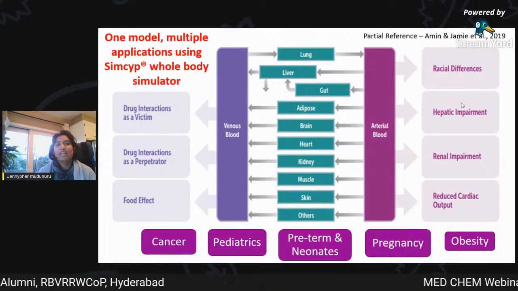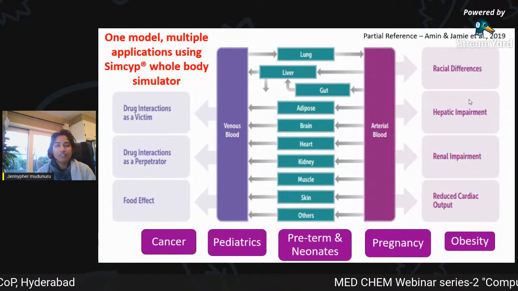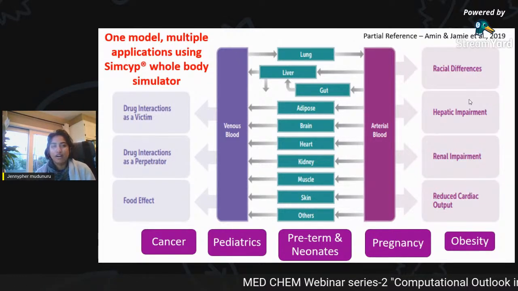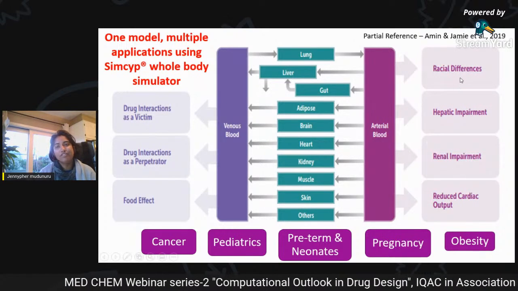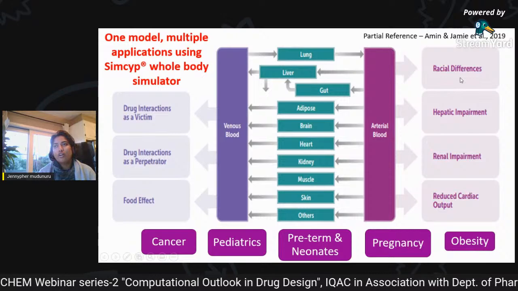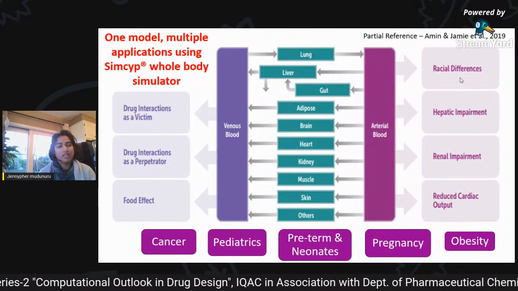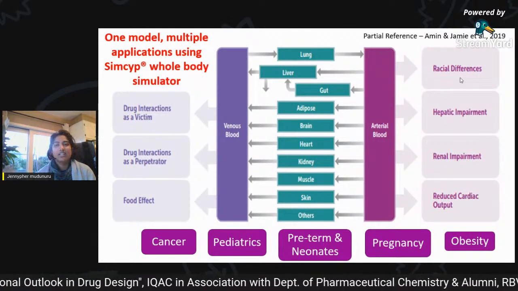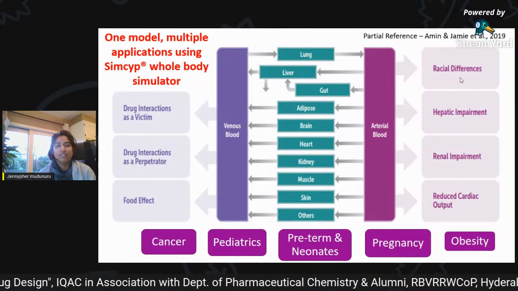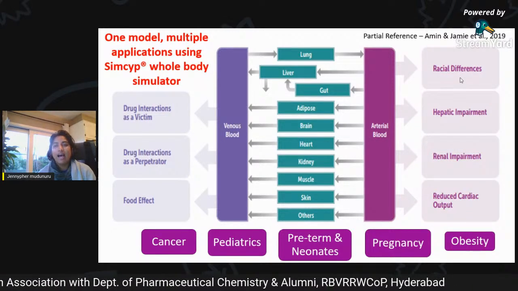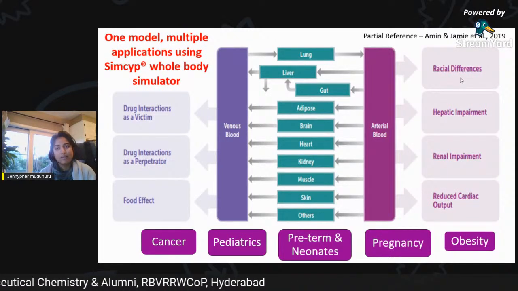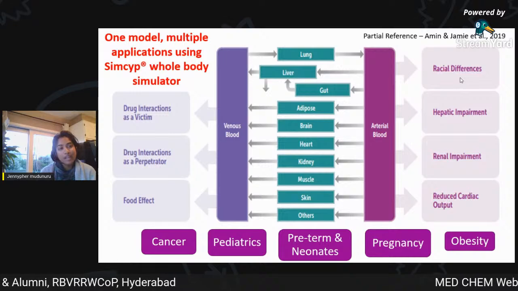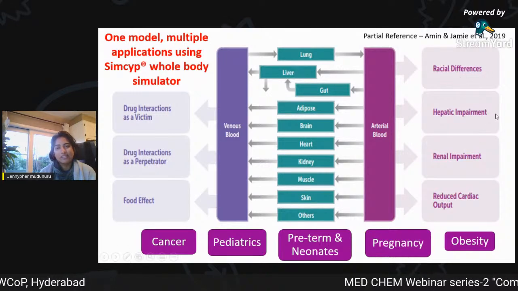The way that you metabolize a drug is found to be different in different kinds of races and ethnicity. So it becomes important, if you're making a drug for a certain population, if you see a certain disease in a specific population, then you want to understand how it is different in those particular populations compared to the other ones. So you can use the model in such aspects as well.